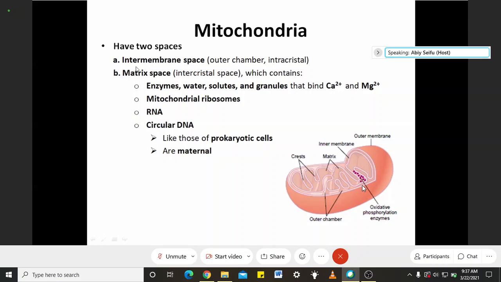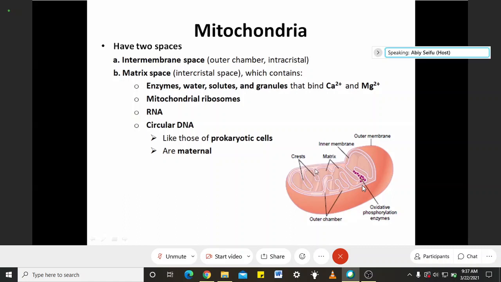Inter means between. When we say inter in anatomy, look at this E, inter is referring to between. If this one was intra, it means within, inside. For example, this intermembranous space is running deep into the folds of the inner membrane.